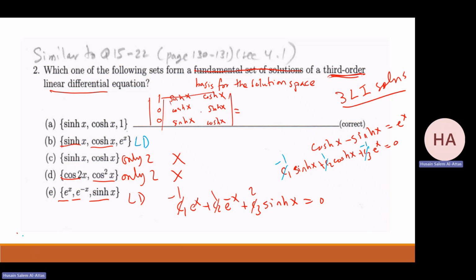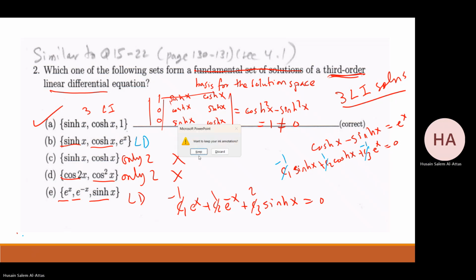Now with 1, cancel this with this. I have cosine hyperbolic squared minus sine hyperbolic squared, which equals 1, not equal to 0. So it's linearly independent and 3. So they can form a basis for the solution space of a third order linear differential equation.